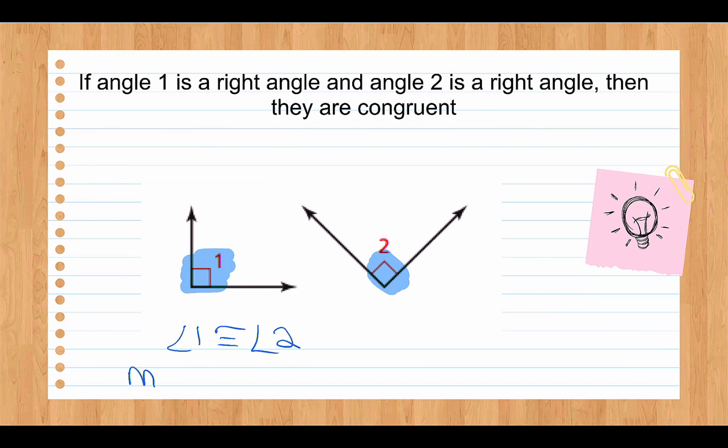We know that the measure of angle 1 is equal to the measure of angle 2. And we know that because they're both right angles, 90 degrees is equal to 90 degrees.